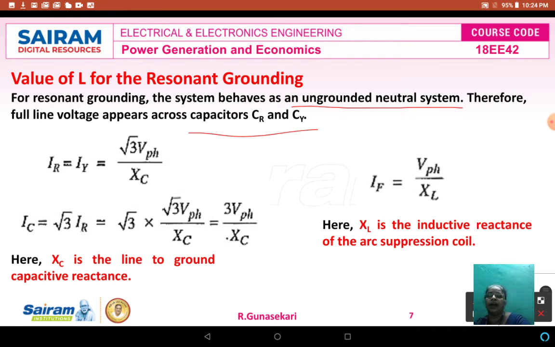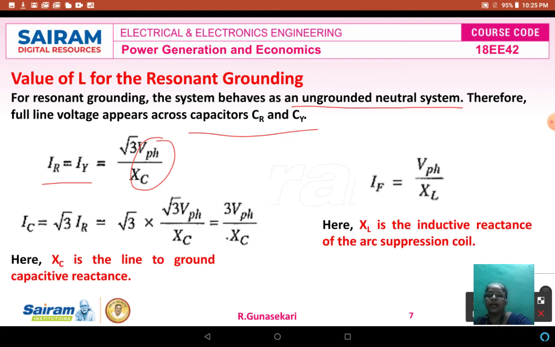The current IR is equal to IY, which is equal to root 3 V phase divided by XC. But the V phase divided by XC is nothing but the per phase capacitive current IC during normal conditions.